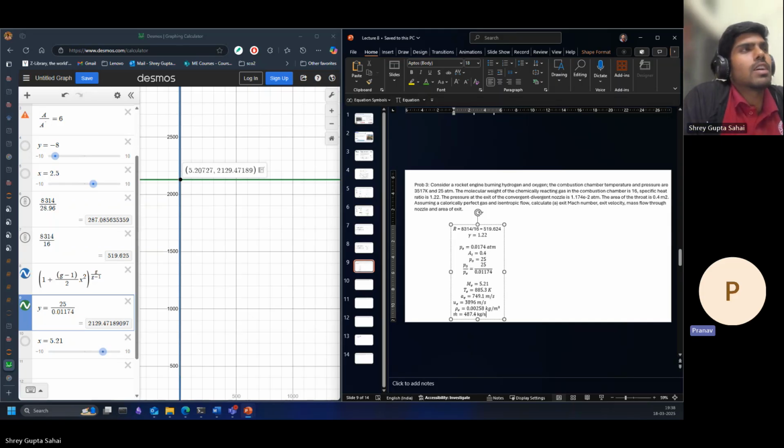Okay, let's think about this, like a thought experiment. Suppose there is a reservoir at some P naught pressure, and you accelerate the flow through a nozzle. You have a test section where you want some high Mach number flow, and after the test section you want to compress it.